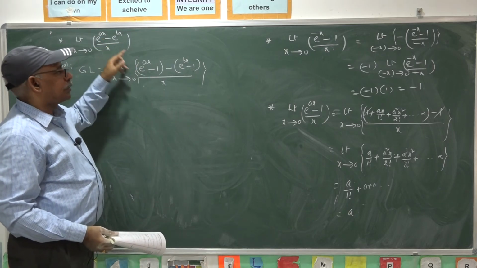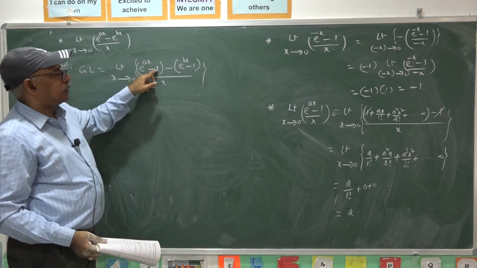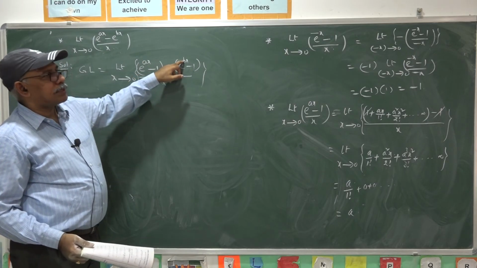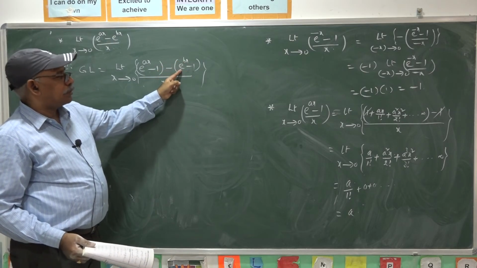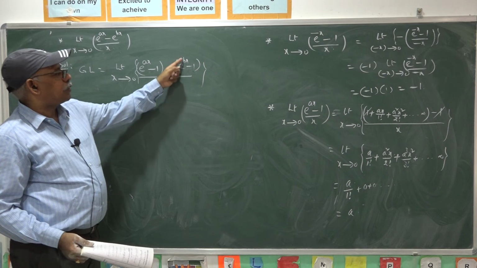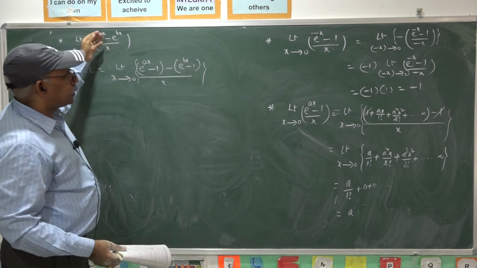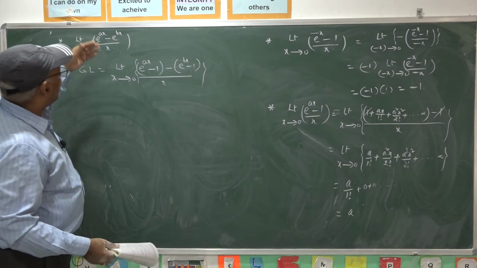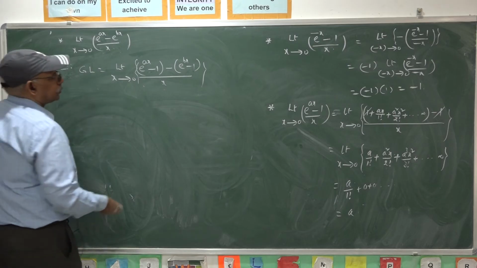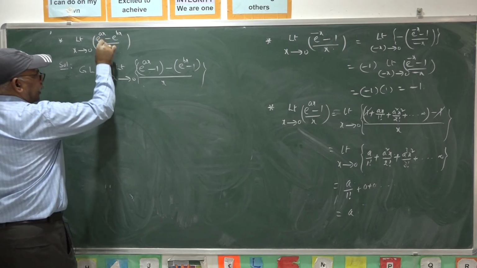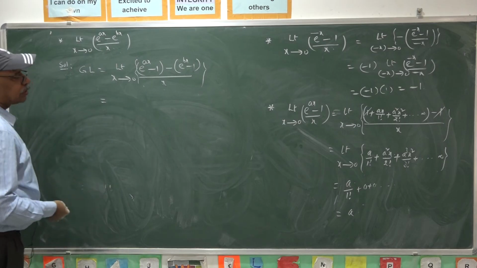Hence, you can write the numerator as e power ax minus 1 minus of (e power bx minus 1). Once you take this minus inside the bracket, we get minus e power bx plus 1. So, 1 and minus 1 get cancelled. The function becomes e power ax minus e power bx itself. So, the numerator's function may be changed in such a way by adding 1 and subtracting 1.